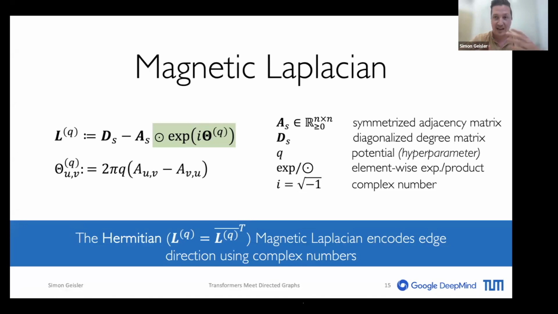The eigenvectors are orthogonal, and the eigenvalues are real, which is probably not too critical, but they are. And we can use those as positional encodings, as I'm going to convince you soon. There's one hyperparameter, which is the potential q, which I will discuss later as well.